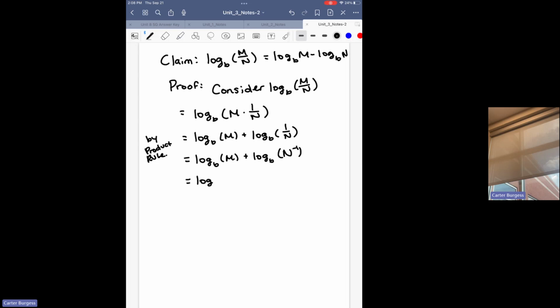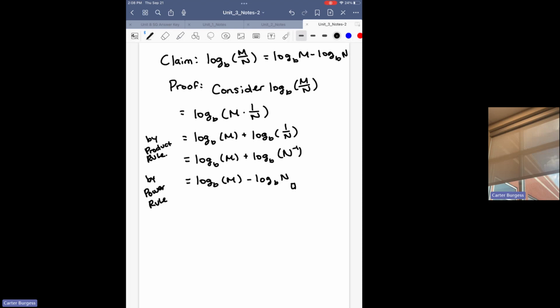So this is log base b of m minus log base b of n by the power rule. This is actually why the exponent rule that we use works.